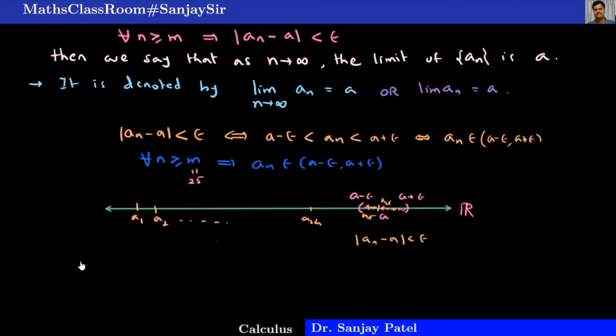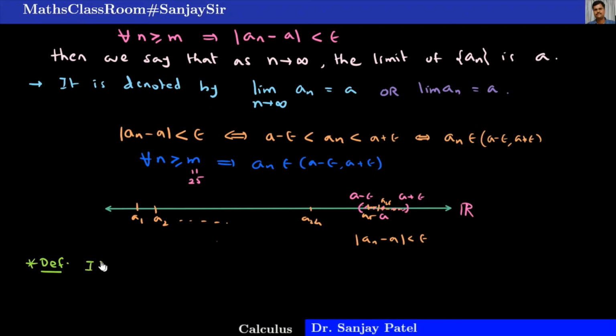Okay, so that is a very important thing. And if the limit of the sequence an exists and it is equal to some real number, then the sequence an is said to be a convergent sequence. So let us define what a convergent sequence is. So another definition, a very simple one.